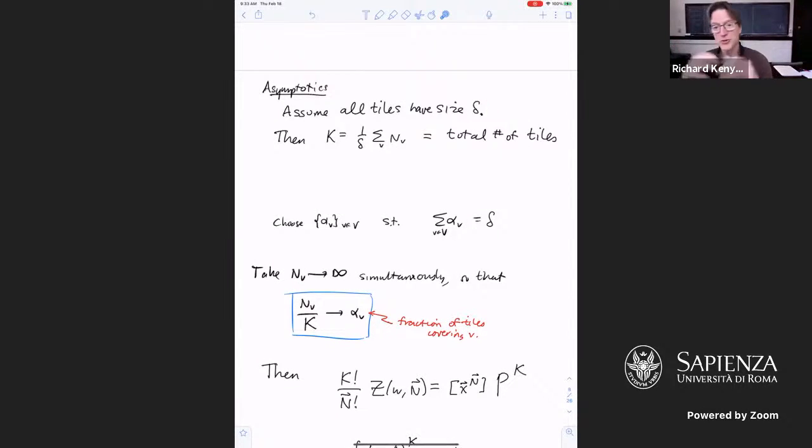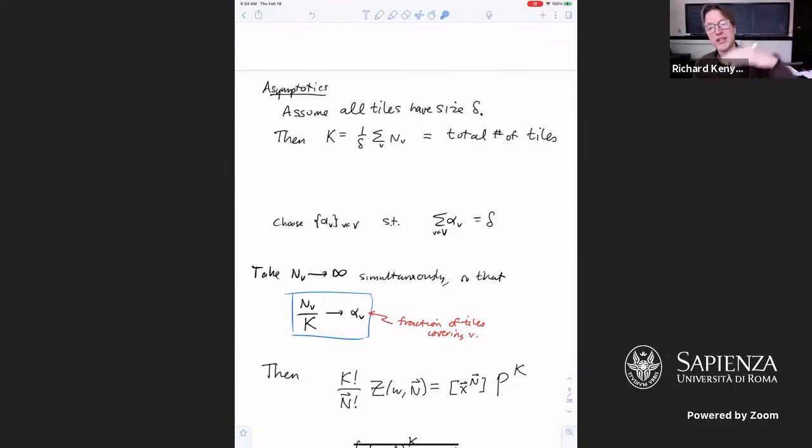Suppose all of our tiles have delta vertices, and we're going to fix ahead of time the multiplicities at each vertex. Then the total number of tiles, of course, is the sum of the multiplicities divided by delta. That's the total number of tiles, capital K. Sorry, I used K twice, but this time K is just going to stand for the total number of tiles.